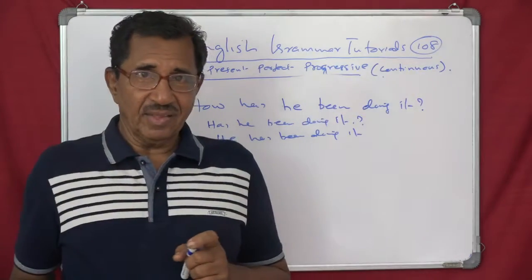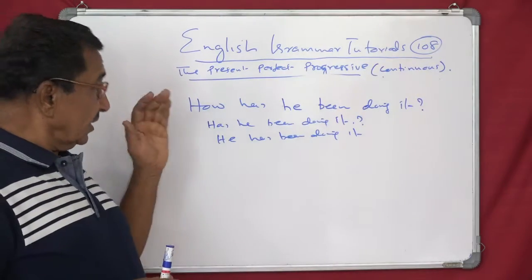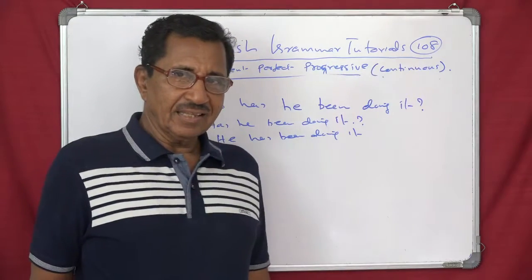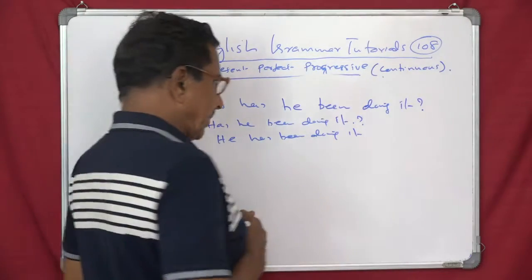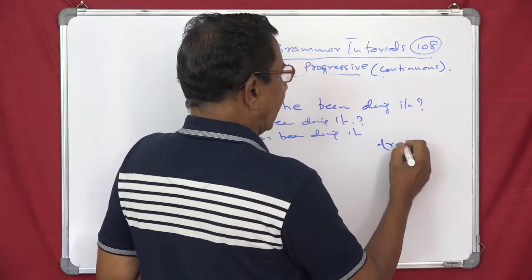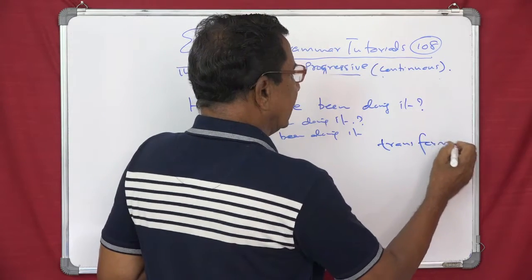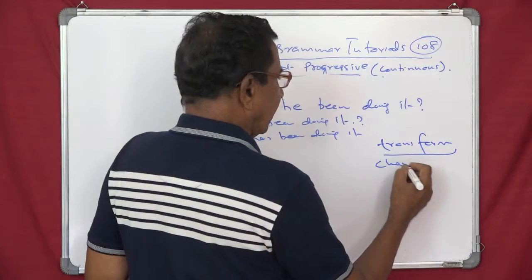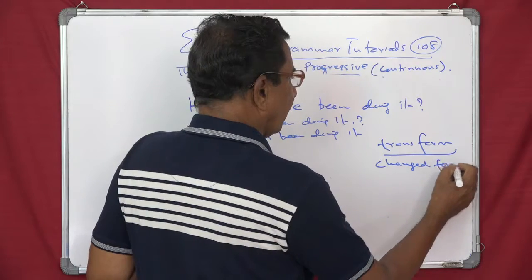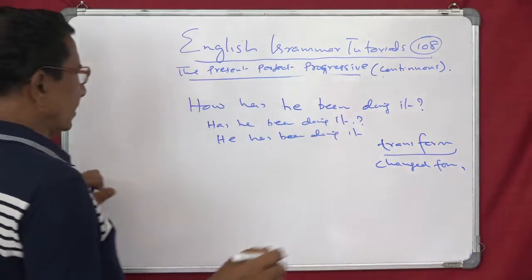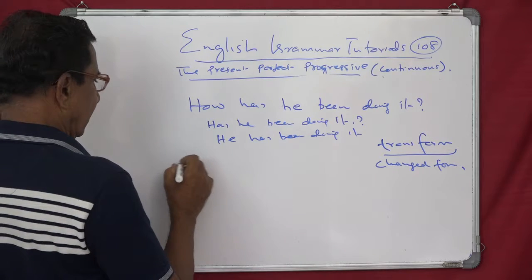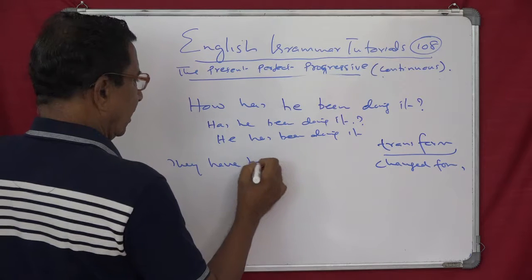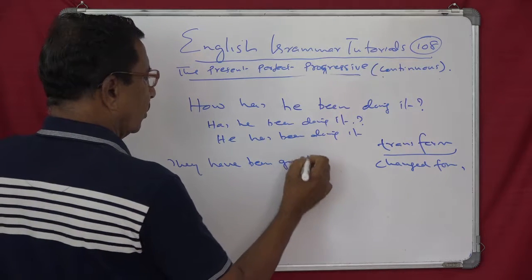It's very important. Because otherwise, sometimes you think this is a separate sentence, this is another one, this is another one. No. They are transforms. Transform means changed form, that's all. Transform is changed form. For example, if we say again, they have been going to school.